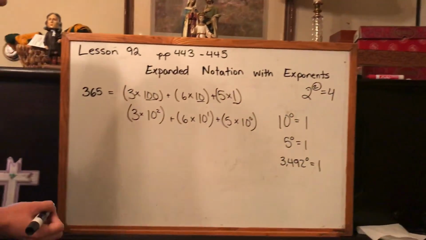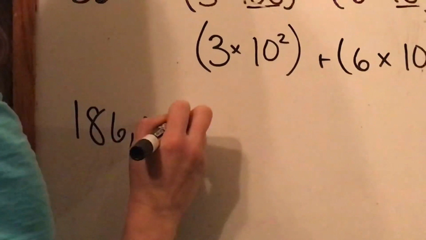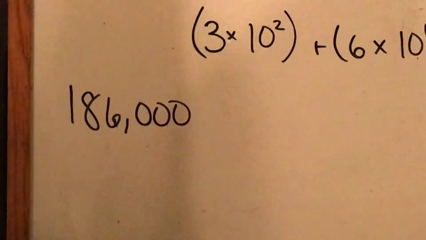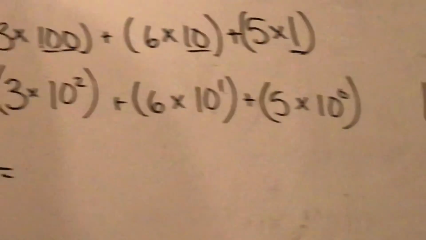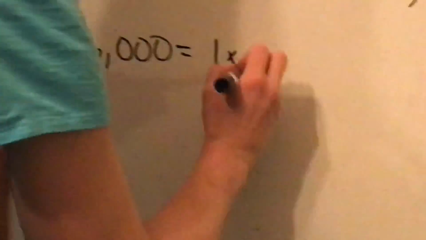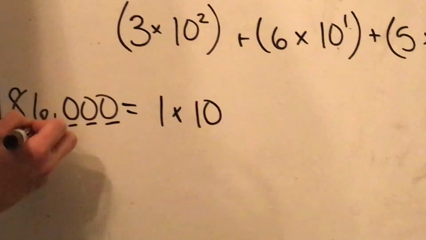All right, so we're going to talk about this number now, and we're going to write this in expanded notation with exponents. So this would be 1 times 10 to the 1, 2, 3, 4, 5.